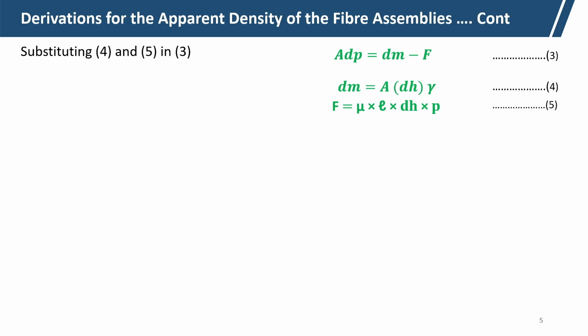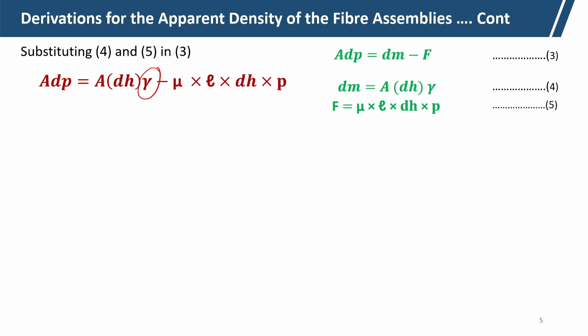So, in equation 3, A dP equal to dm, in place of dm we are replacing A dH gamma. Gamma is our target, we are trying to measure gamma, and then it becomes minus F, what is F?